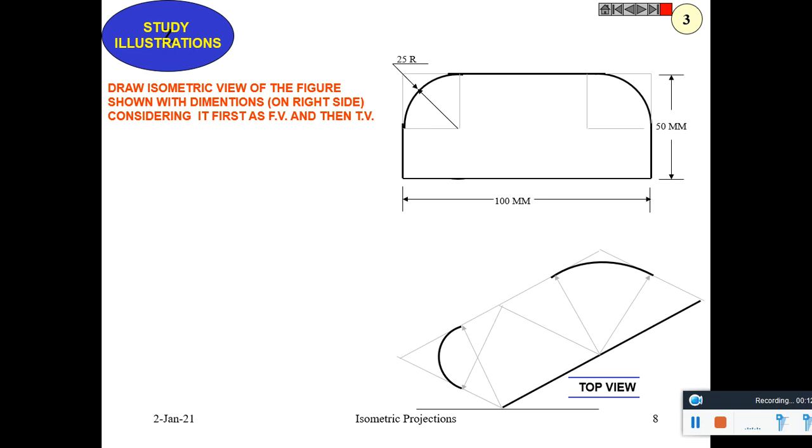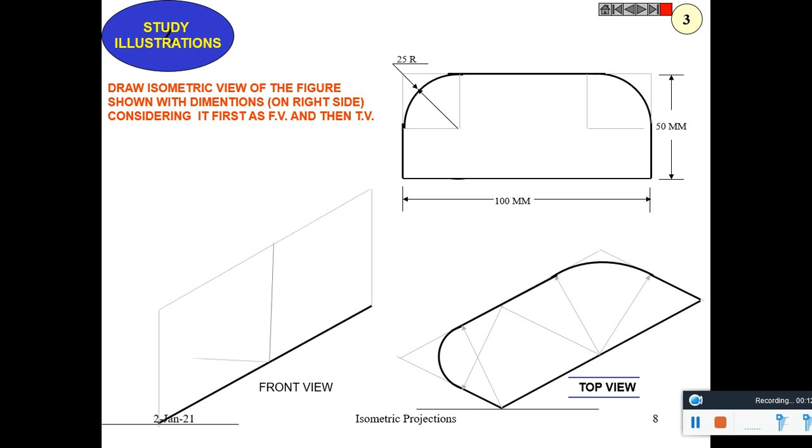So this is the method of drawing arc and lines together. First of all, the arc is drawn and lines are continued from the arc. That is the method of drawing. In front view also we can draw it in the same way.